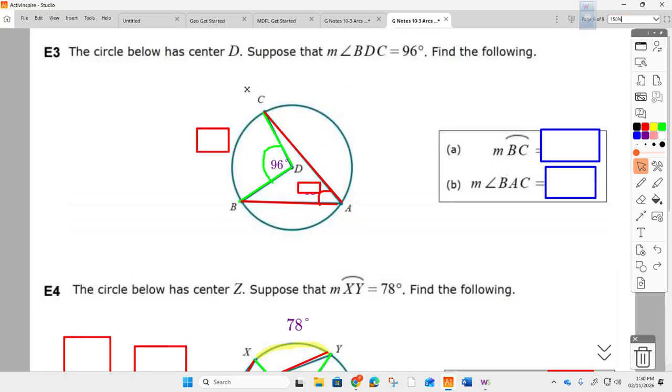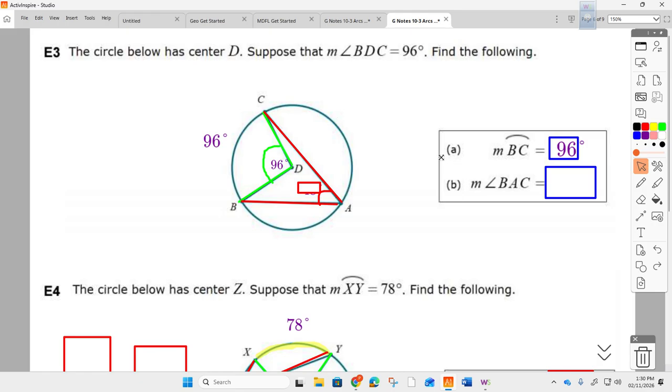Inscribed angle, the vertex is on the circle. Central angle, the vertex is on the center point. This is circle D, and it has center D. So we just reviewed that these have the same measure. So the measure of arc BC is 96.